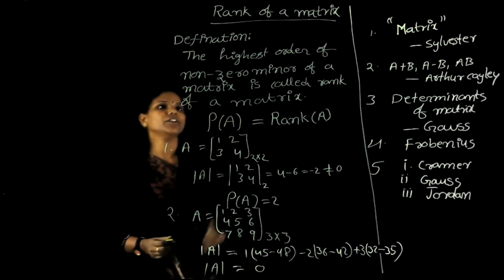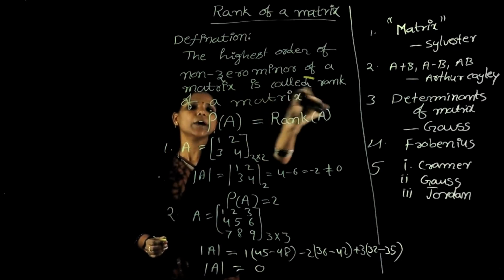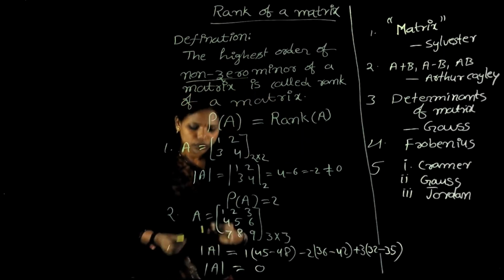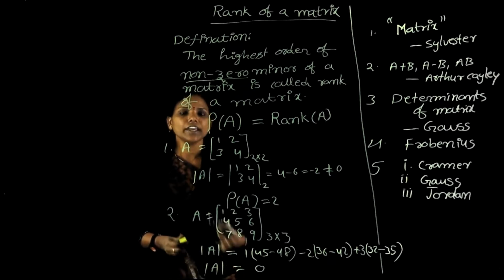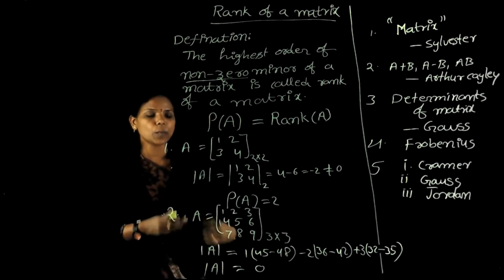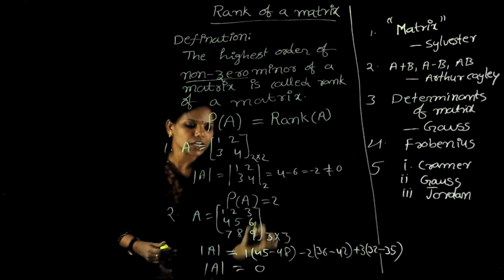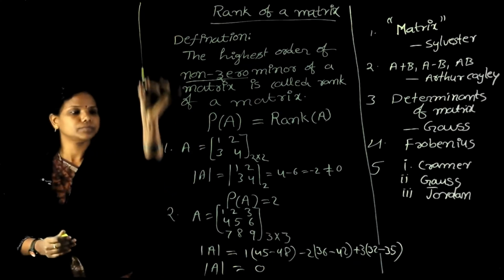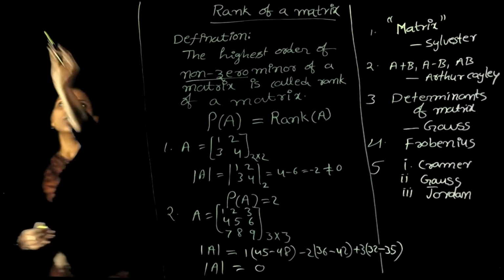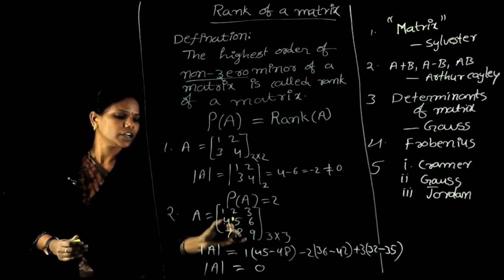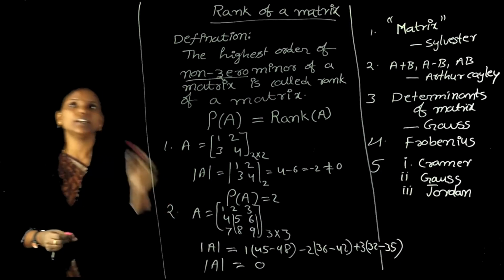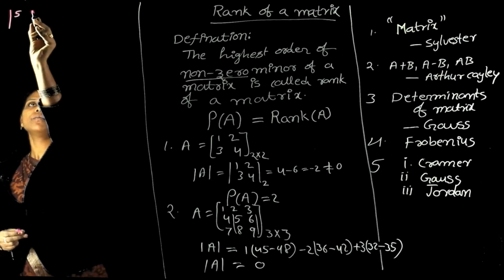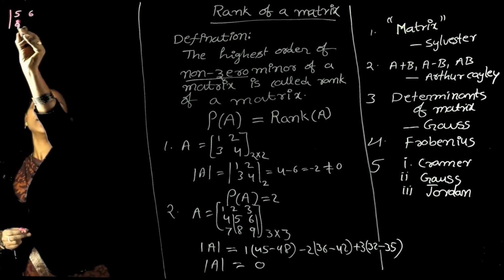So what is our definition? The highest order of non-zero minor of a matrix is called rank. But here we got 0, so again we have to search for a non-zero minor. Now we can take another submatrix, that is a 2 by 2 matrix. Let us see one submatrix determinant, that is 5, 6, 8, 9.